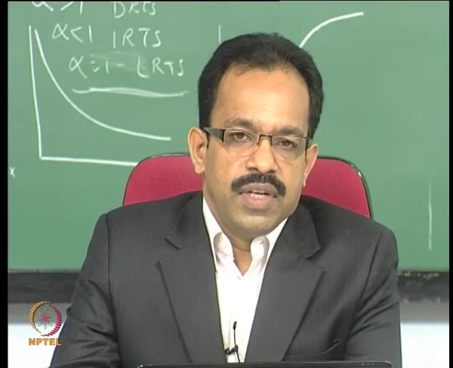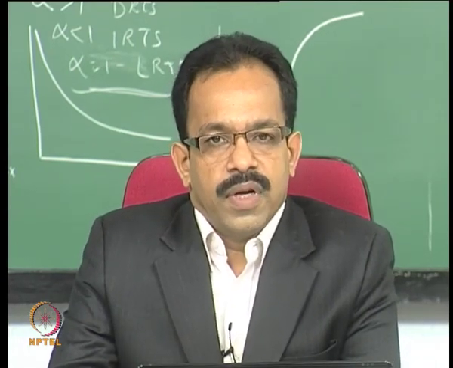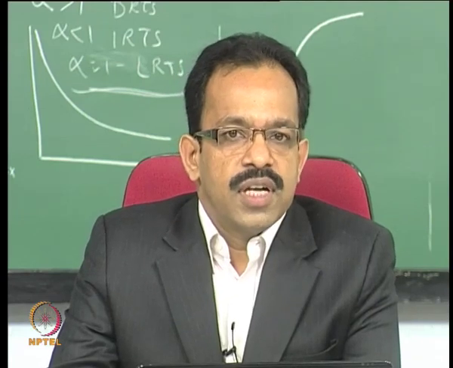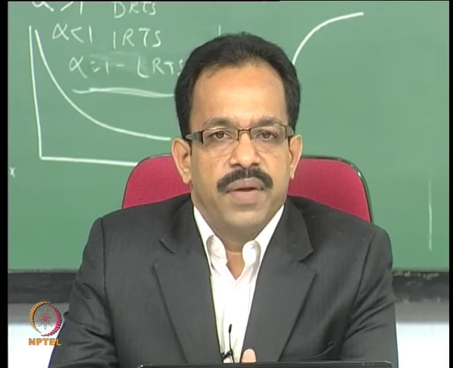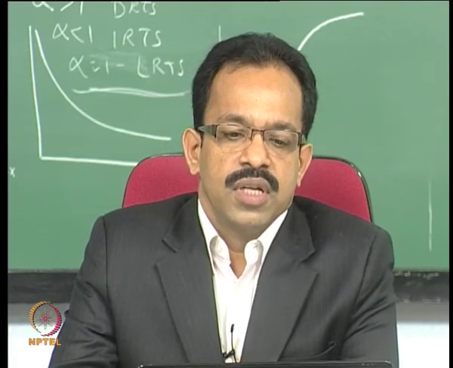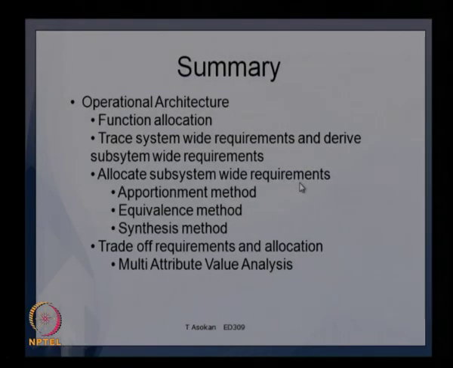We discussed different methods of mapping functions to components, and how to allocate the system wide requirements, the internal input output requirements, and the system trade off requirements. We discussed methods like apportionment, equivalence and synthesis methods, the allocation of trade off requirements, and the multi attribute value analysis method.